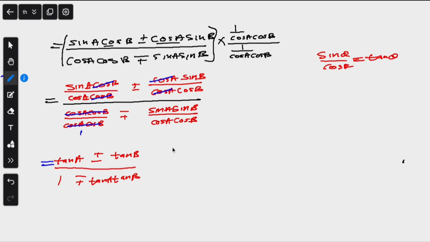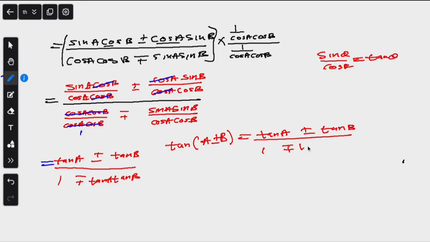So writing this, we can say we have tan (A plus or minus B) is equal to tan A plus or minus tan B, then divided by 1 minus or plus tan A tan B.